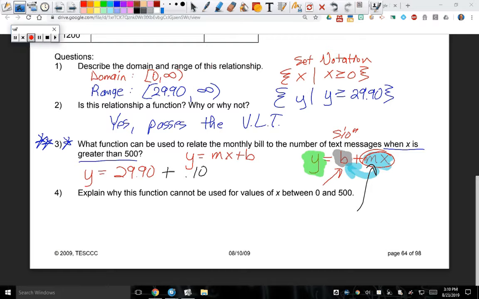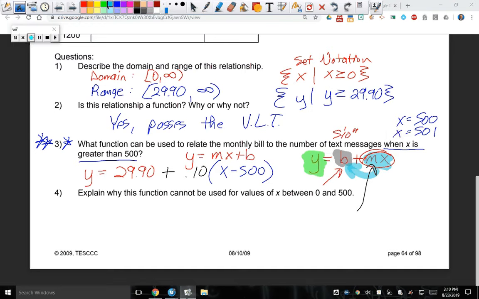Okay? So now, what I'm about to show you, it's because of what I've underlined, when x is greater than 500, and I want you to think of two numbers, and it'll help explain why I'm doing what I'm doing, okay? I'm going to put x minus 500 because of these two numbers. Because of 500 and because of 501.